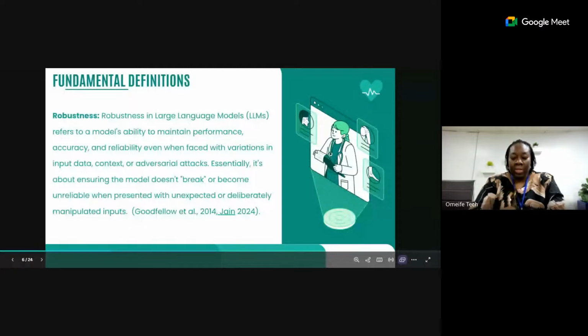In situations like customer service, where users may not always phrase their questions perfectly, or in security-sensitive areas, where malicious actors might try to exploit the model, robustness is essential for maintaining accuracy and trustworthiness. So by ensuring that the model remains reliable under a variety of conditions, as we've mentioned earlier, robustness helps build trust in the technology. It helps the users have trust in what they are using.